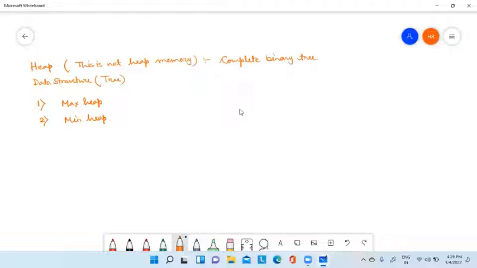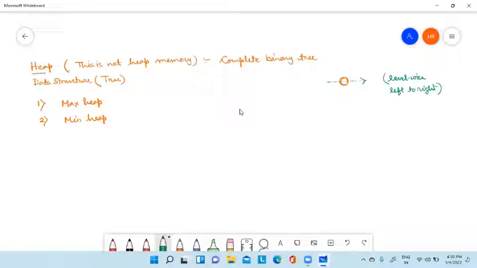It means if I am going to create a complete binary tree, then we have a definite structure for it. The definite structure of the complete binary tree is that it will be created level wise, left to right. So this is the actual creation or structure of the complete binary tree.